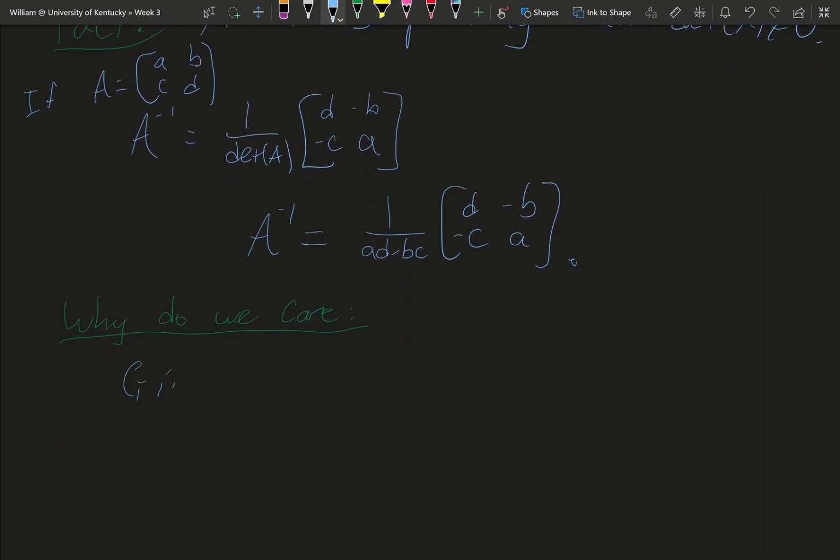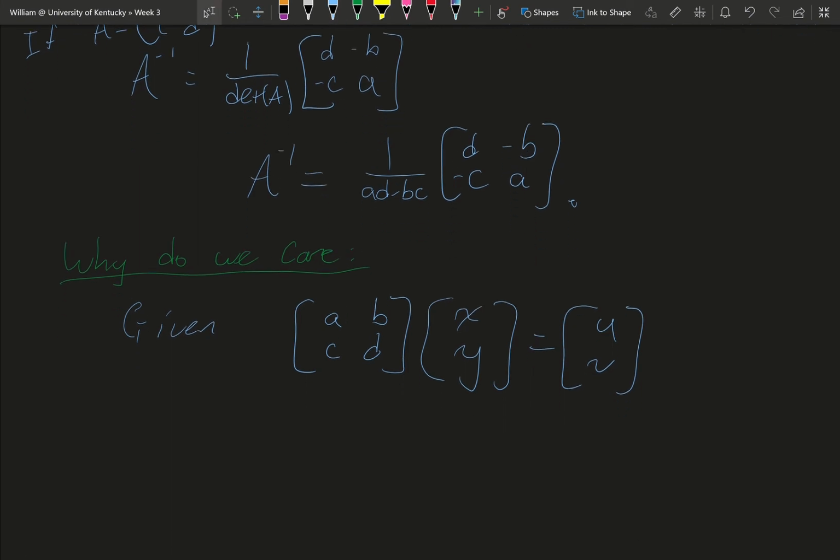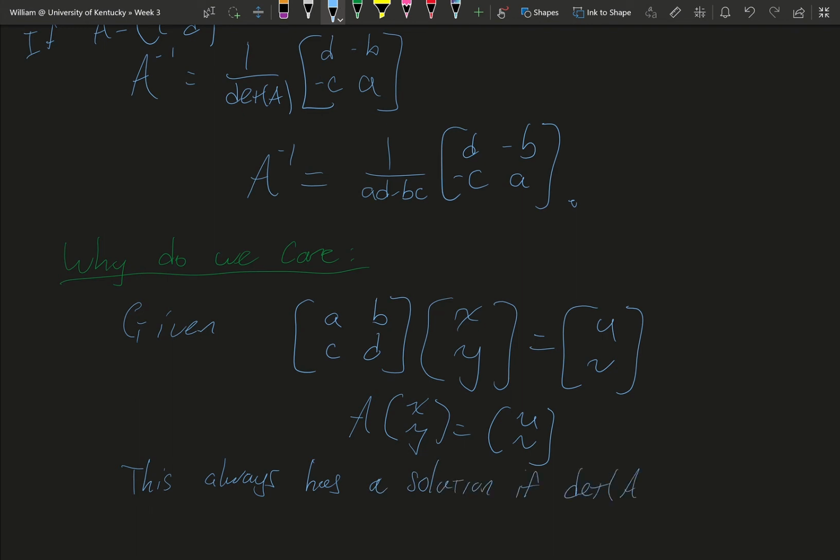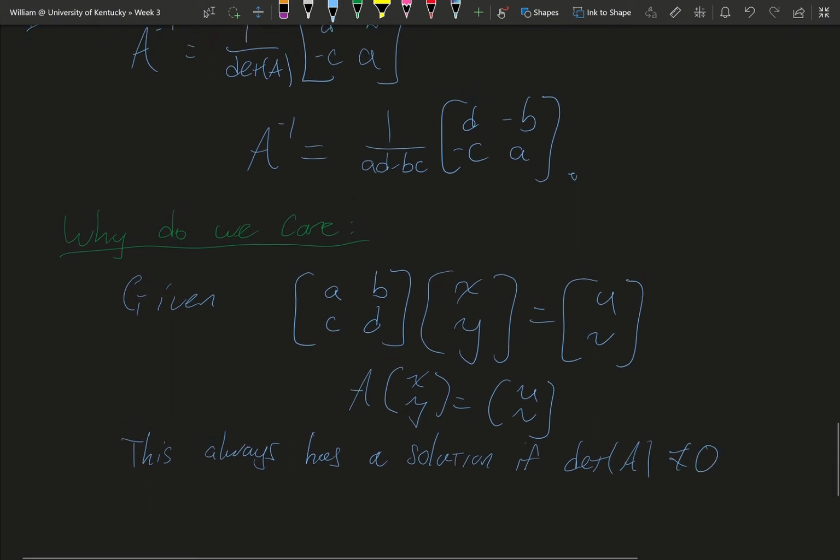So given a matrix equation, so if this is A times x y equals u v, then this has a unique solution precisely when the determinant is non-zero. And it's given by the following.